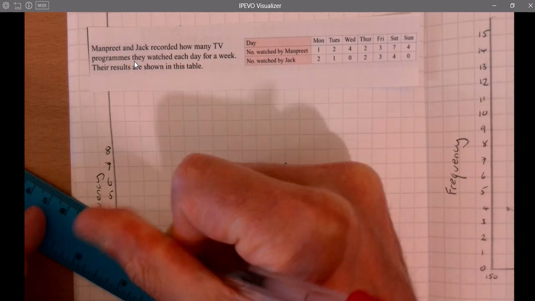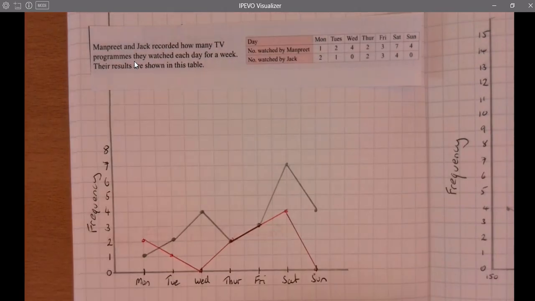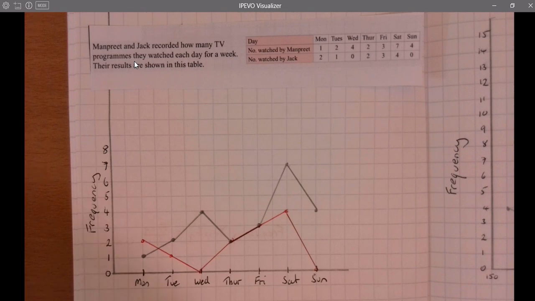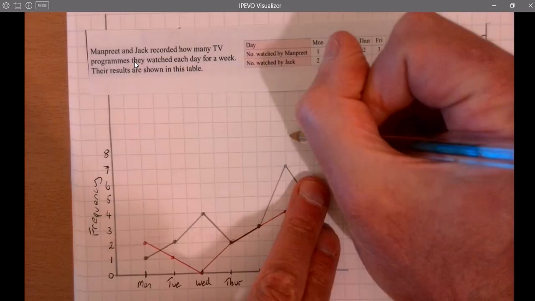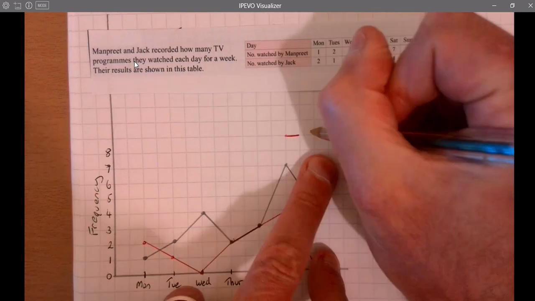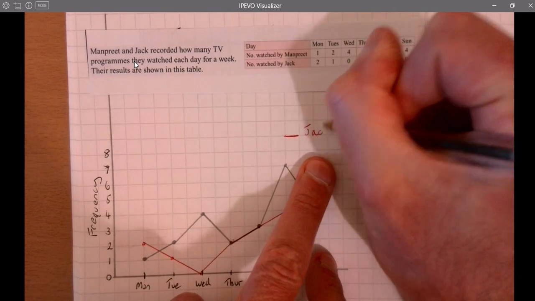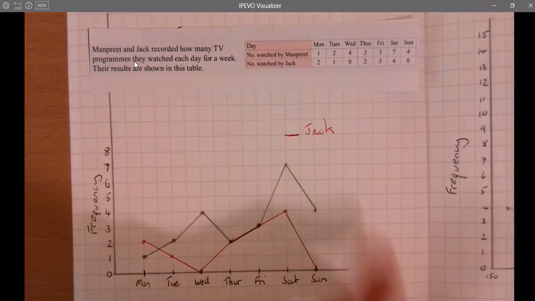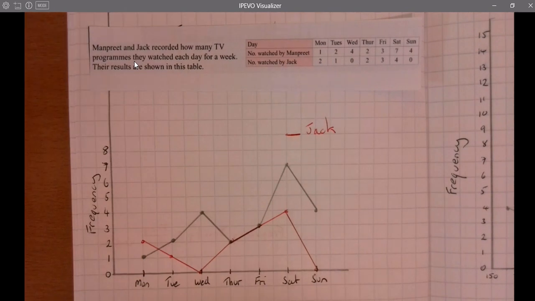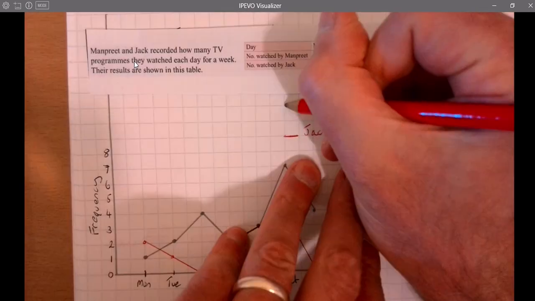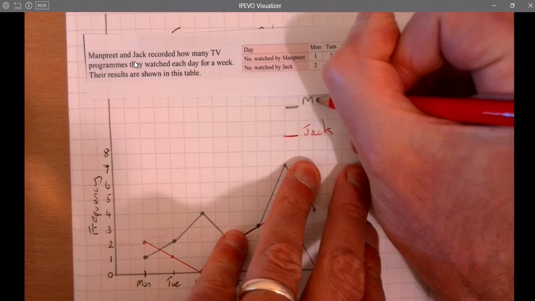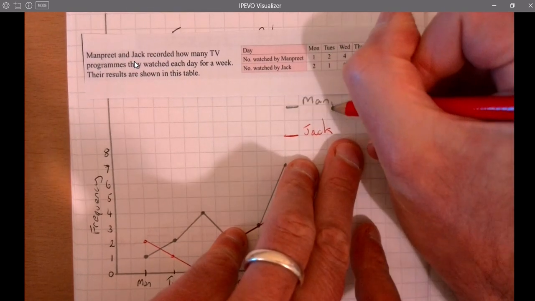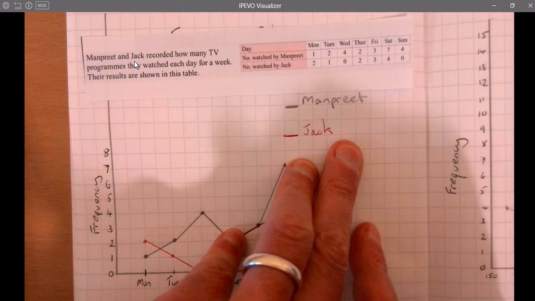We've got Jack. Excellent. So what's missing? Some sort of key. So this one is Jack, isn't it? And we also had, so put another line in, and then we've got Manpreet as well. There you go.